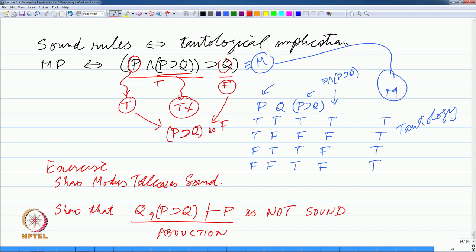Supposing Q is true, whatever the formula Q is, and P is false, then you can see that the left hand side or the antecedents are true. Q is true because we said it is true, and because P is false, P implies Q must be true. So, that is true, but P, the consequent, is false. So, this is not a valid rule of inference, which means we cannot use it in our proof methods.